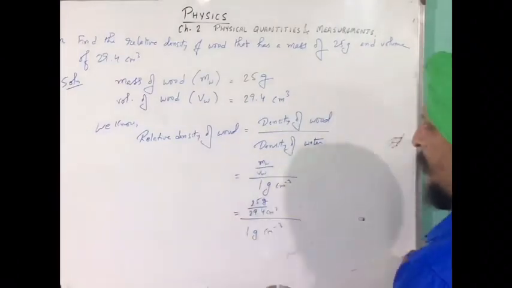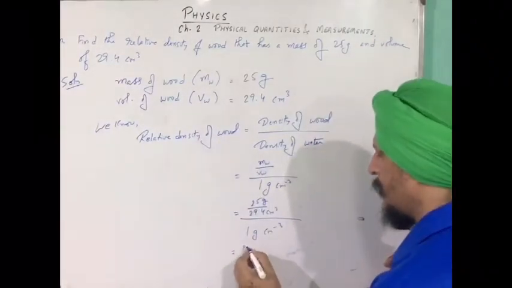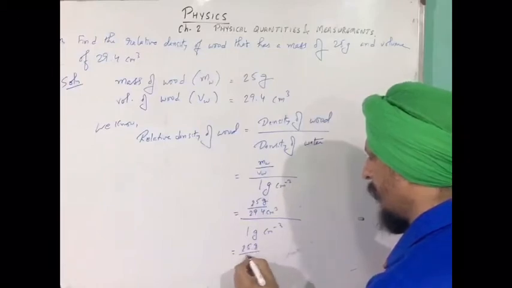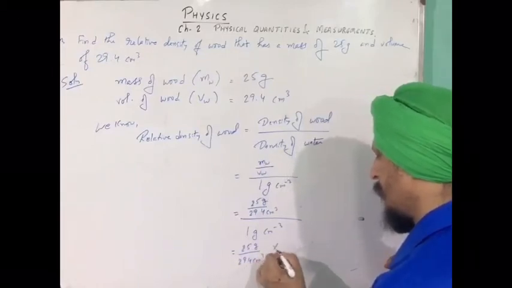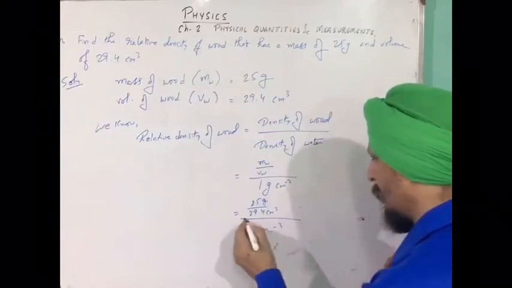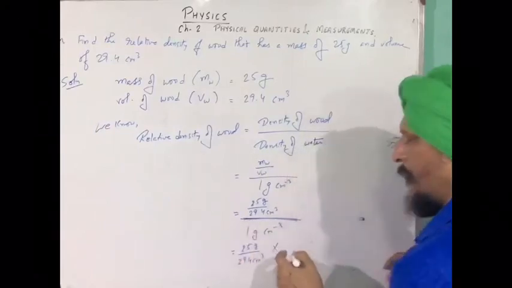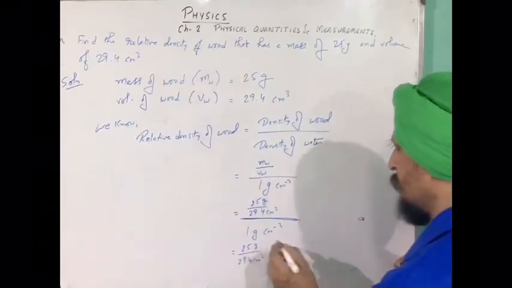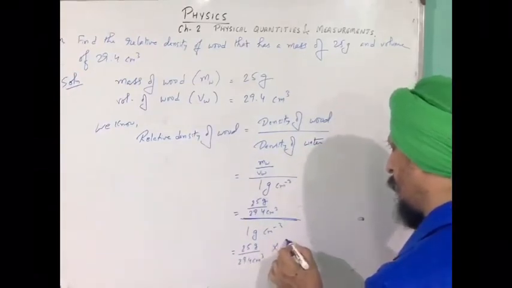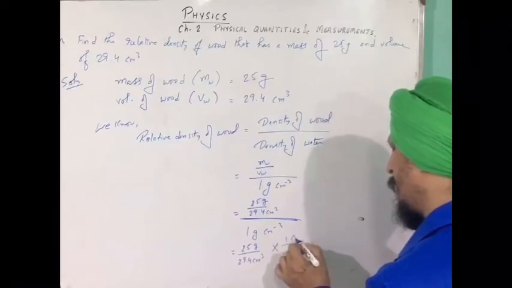When we convert divide into multiply, we get 1 centimeter cube per 1 gram.